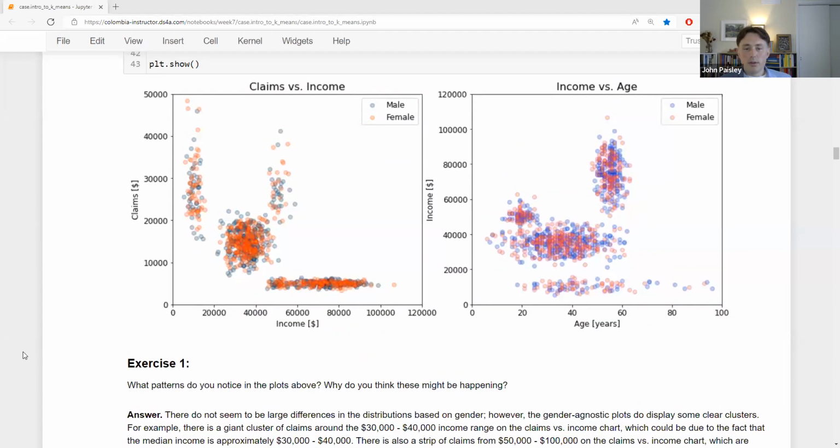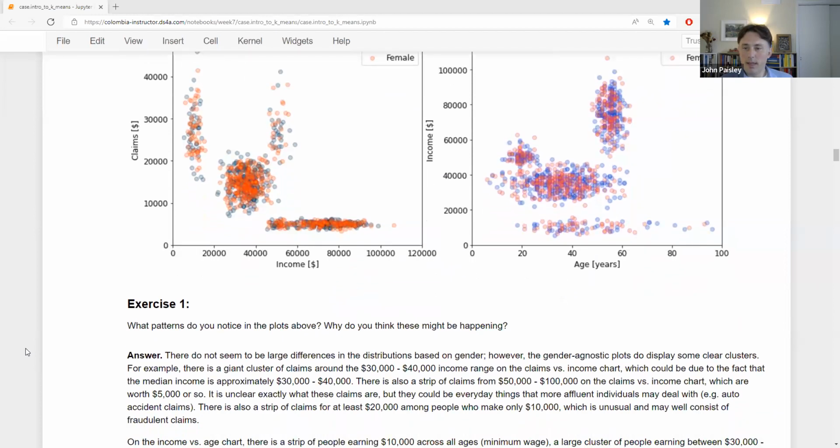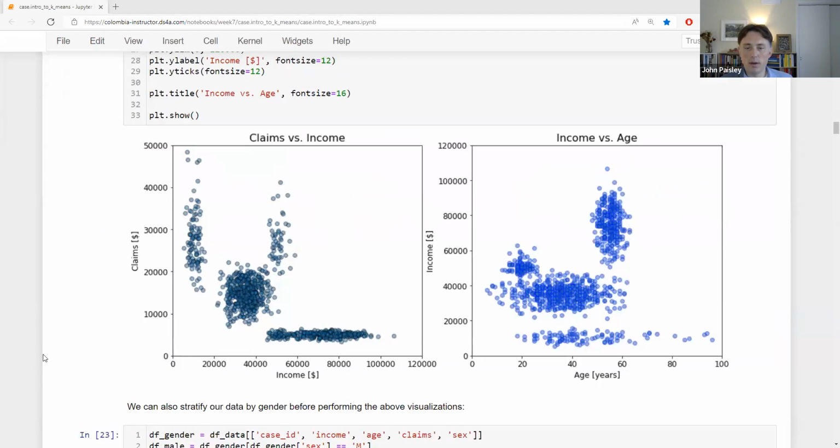Okay, so what patterns do we notice in these plots? As we look at the plots, we notice these patterns. First, there's 4 clear patterns, I would say. And one thing you might want to do is to interpret what they might mean. So for example, here you have a bunch of claims at about 5,000.